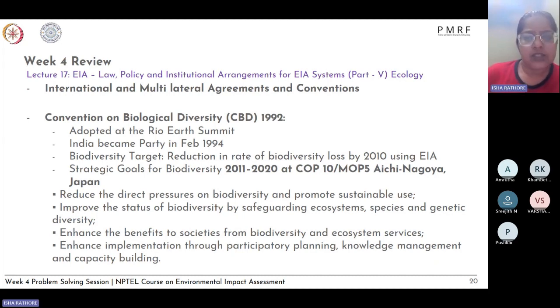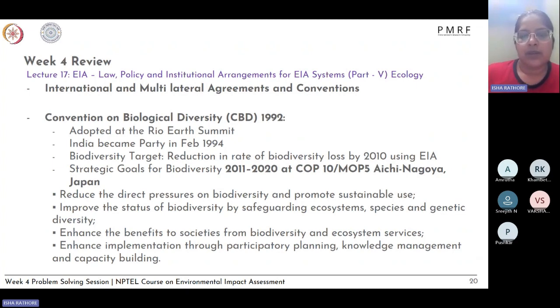The main aim of the CBD was to reduce the direct pressures on biodiversity and promote sustainable use of biodiversity, to improve the status of biodiversity by safeguarding ecosystem, species, and genetic diversity, and to enhance the benefits to society from biodiversity and ecosystem services, and enhance the implementation through participatory planning, knowledge management, and capacity building.